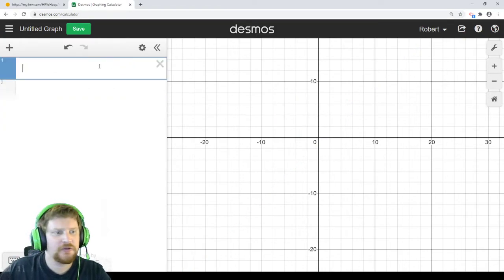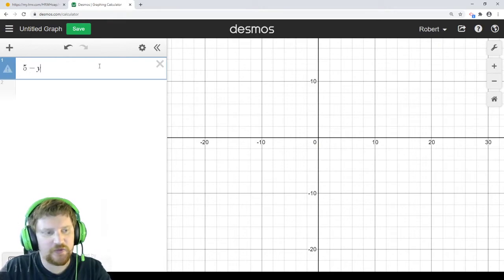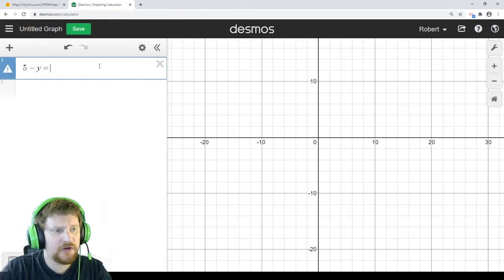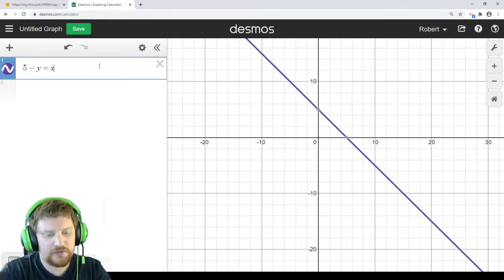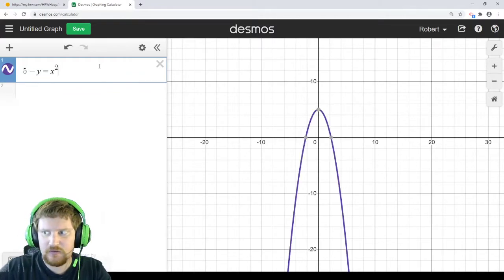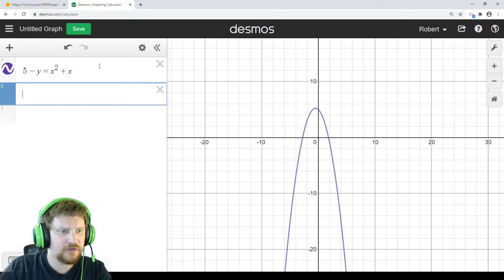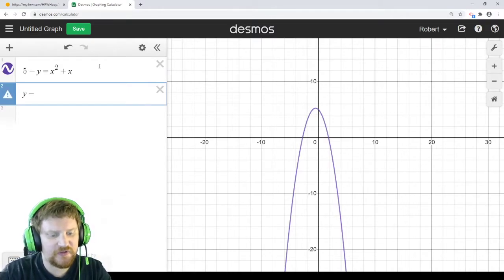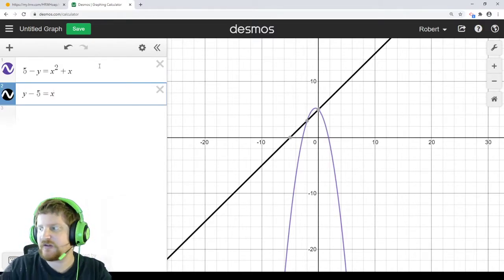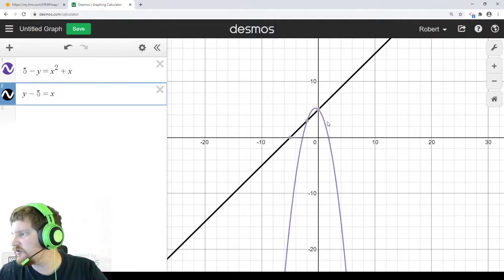Alright, so that was 5 minus y equals x squared plus x, and this was y minus 5 equals x. So it looks like I have two spots where they intersect, negative 2, 3 and 0, 5.